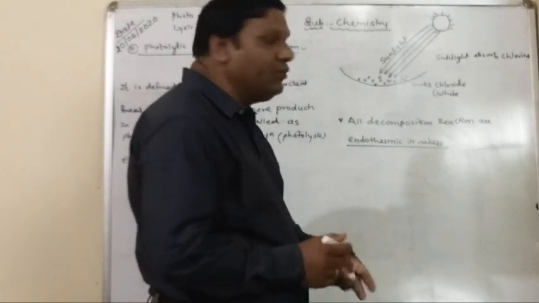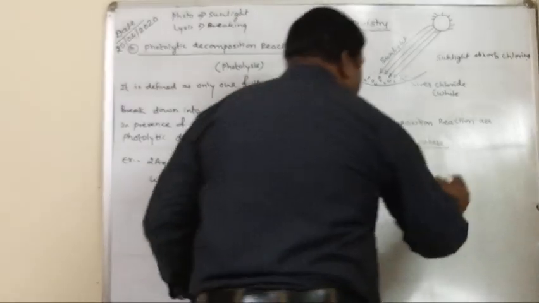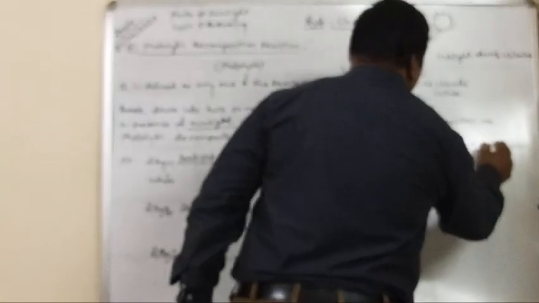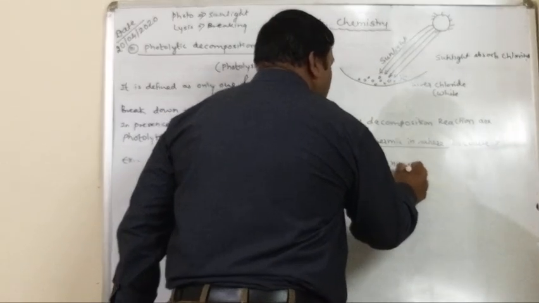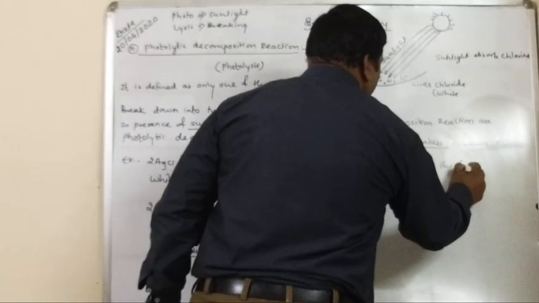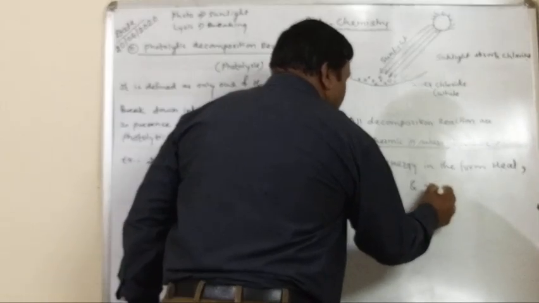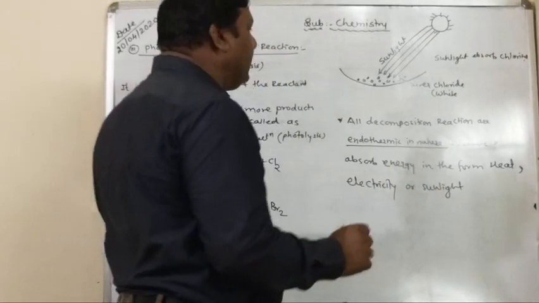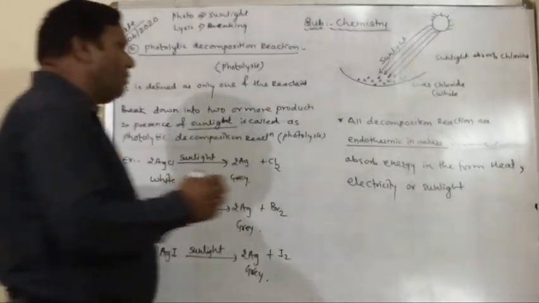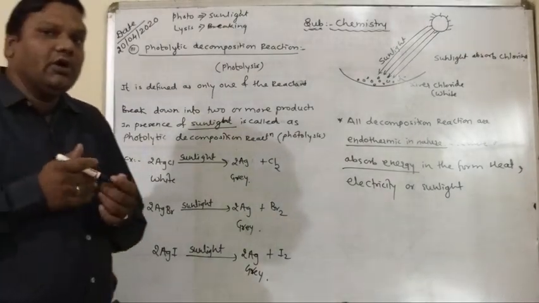So each and every decomposition reaction is endothermic in nature because, directly we have to write there, it absorbs energy in the form of heat, electricity and sunlight. जैसे भी absorb term आ जाएगा, so it will be endo. जैसे भी evolve term होगा तो exo.